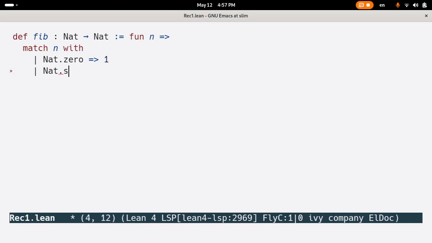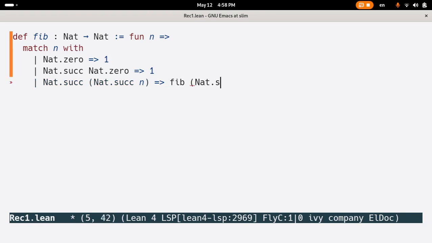So n is either 0 or 1, in which case we output 1, or it's the successor of a number n, in which case the Fibonacci number at this point is the Fibonacci number at the previous number plus the Fibonacci number at n.